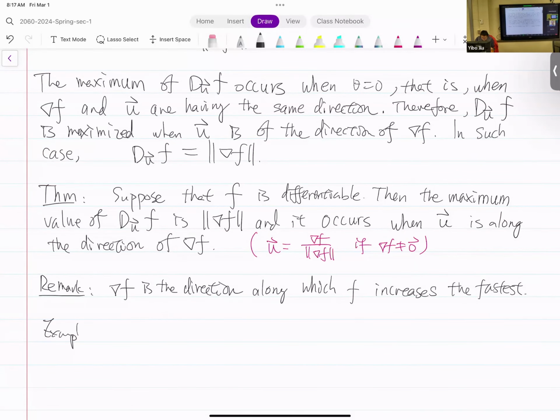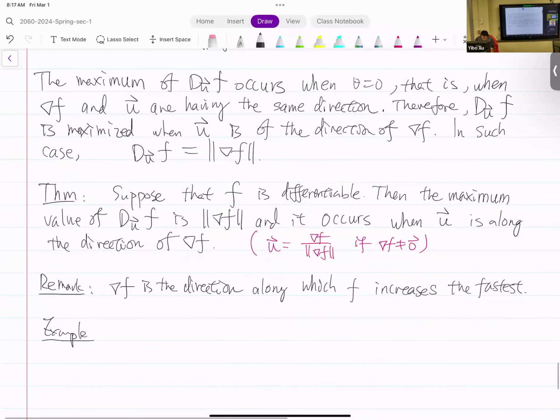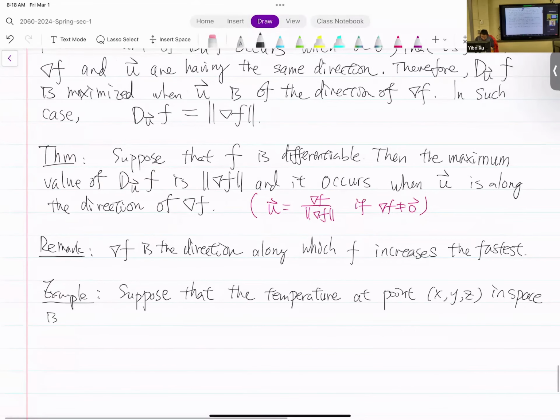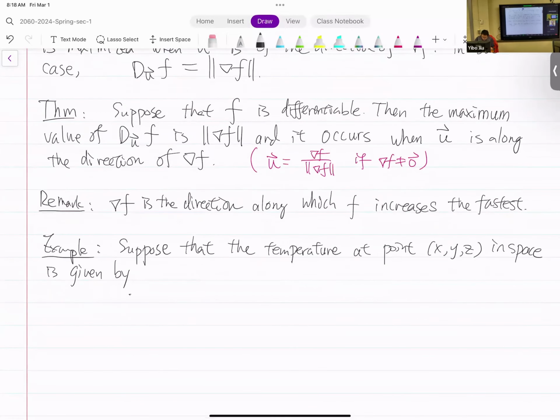Example. Suppose that the temperature at the point x, y, z in space is given by the following function, capital T of x, y, z.